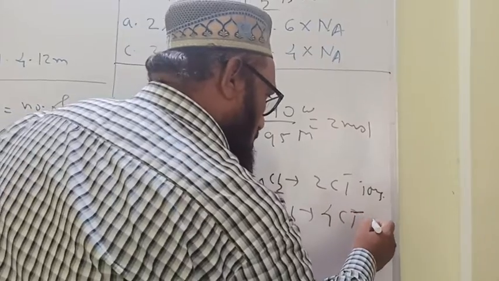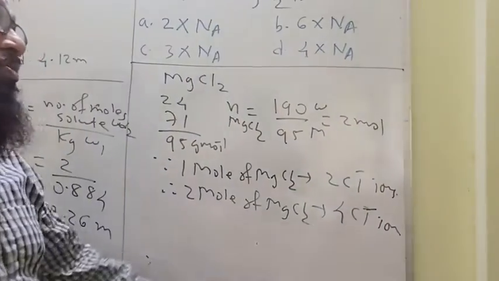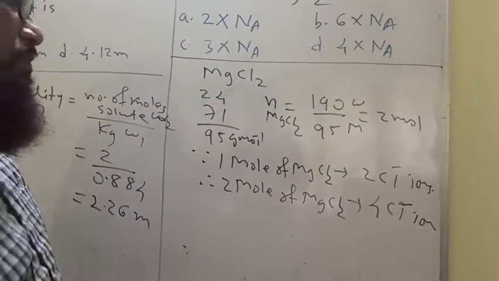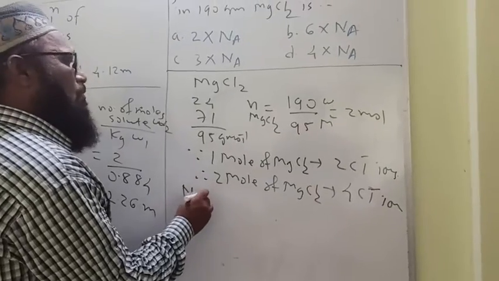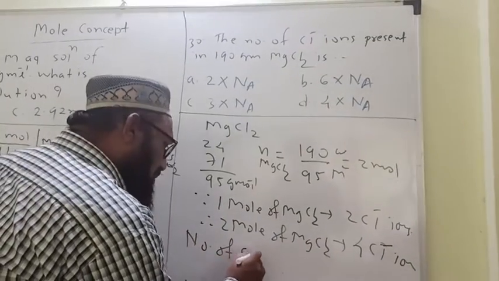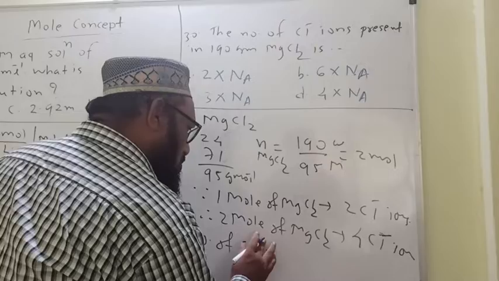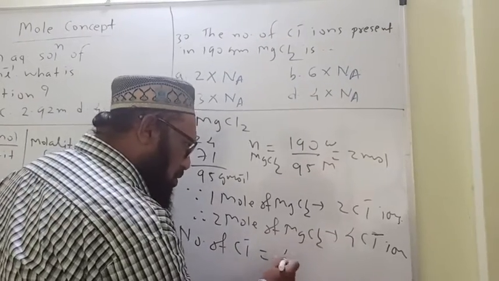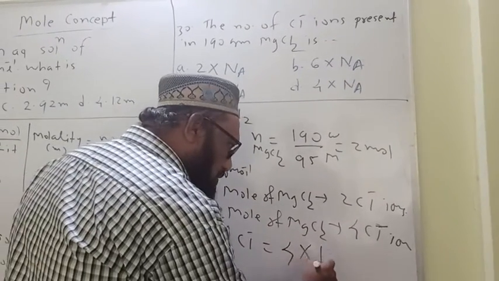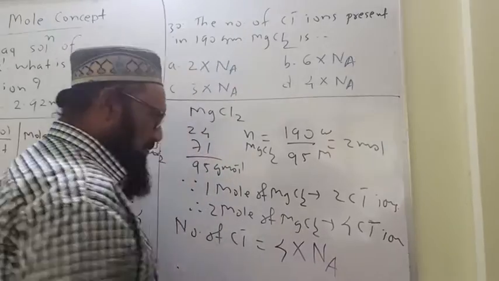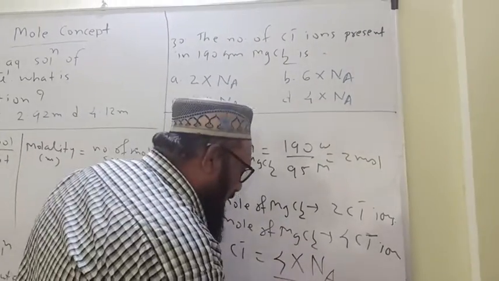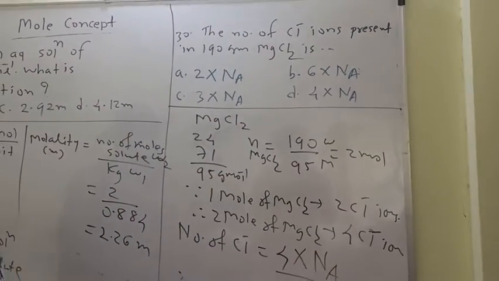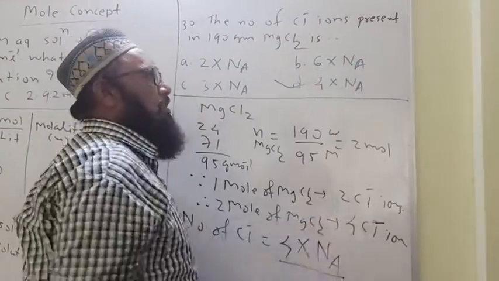Therefore, as 4 moles of Cl- ions are formed, the number of Cl- ions is equal to total moles 4 into Avogadro's number Na. Answer is 4 into Na. D is the correct option.